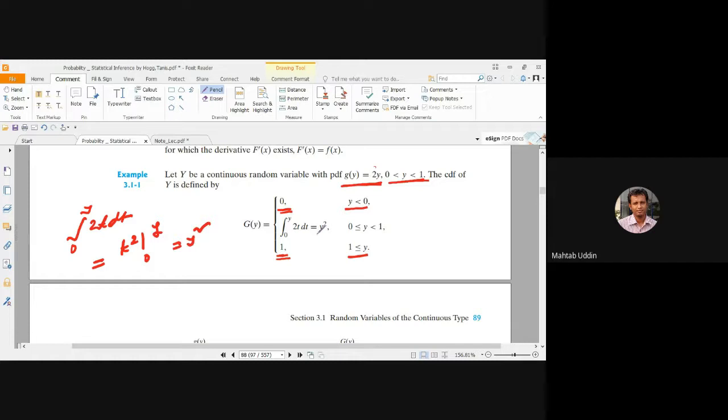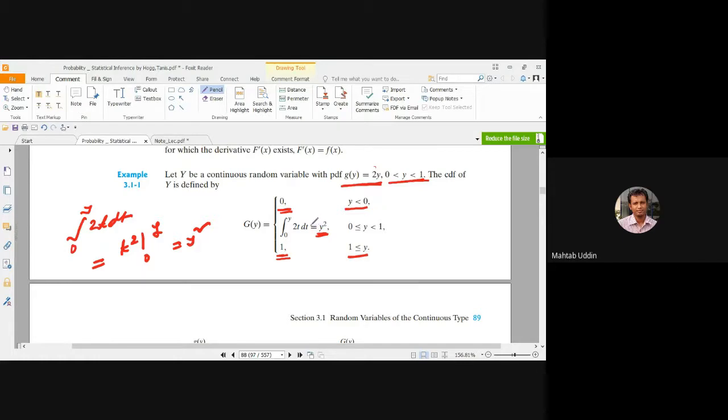You understand how y square comes here? So before the interval 0, after the interval 1, and within the interval, this is y square.